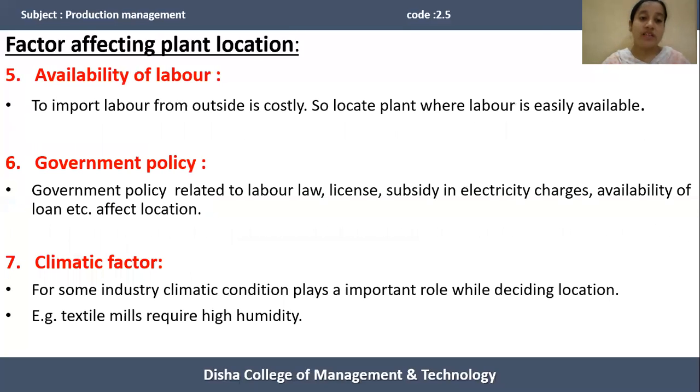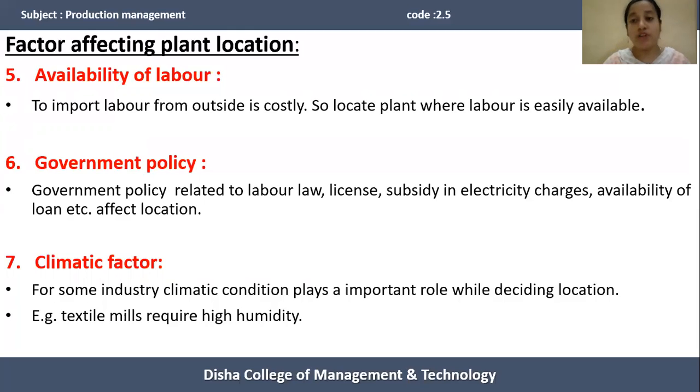The next factor the industrialist should consider is availability of labor. They have to locate their industry in a particular place where labor is available, where cheap labor wages are available. They have to take decisions to install their plant in that particular place. If the plant is located in a particular place where no labor is available, the firm has to import labor from outside.